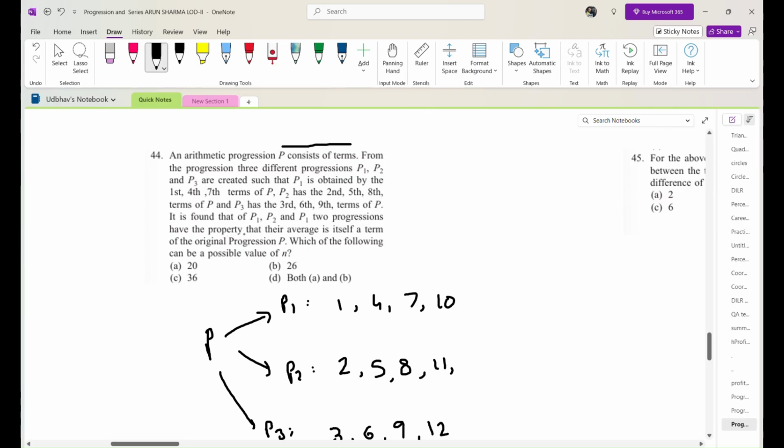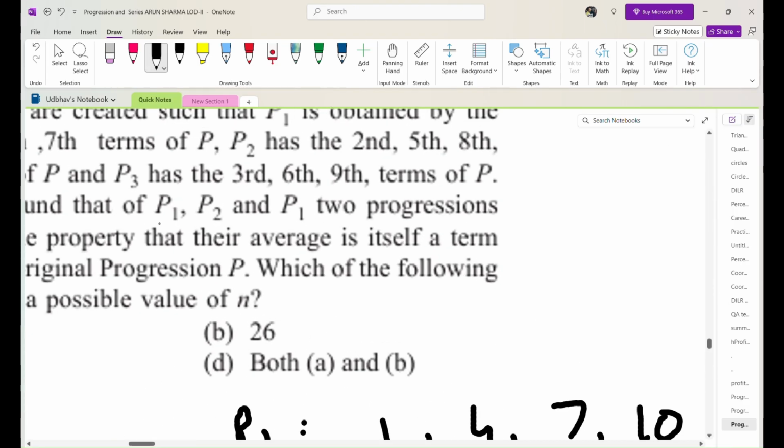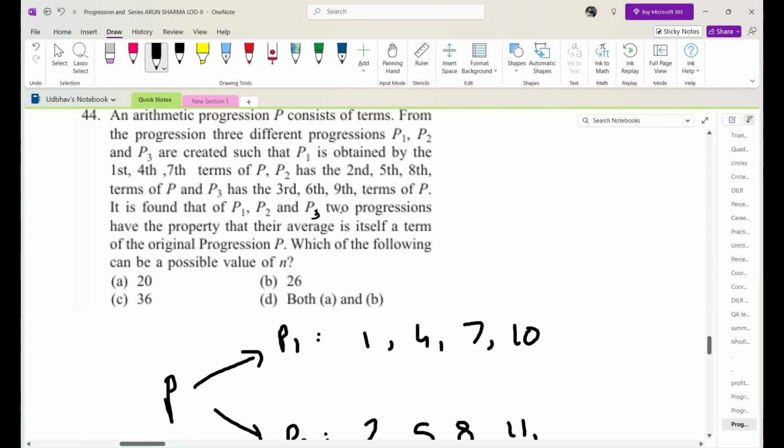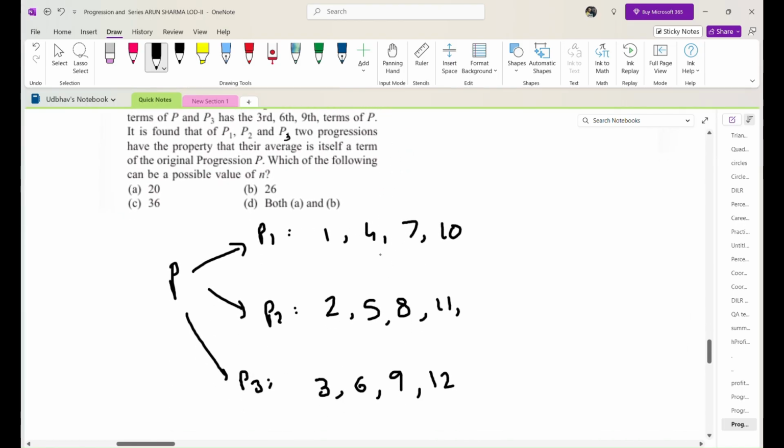It is found that out of P1, P2 and P1, this is probably a typo in the question. Maybe it should be found out of P1, P2 and P3 to have the property that their average is itself a term of the original progression.